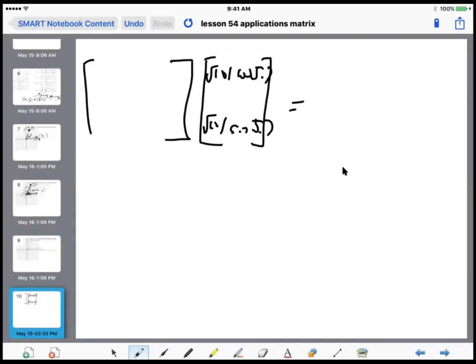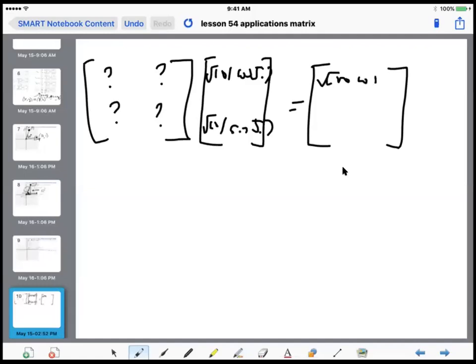There's going to be a mysterious matrix here that, after I multiply the matrices together, will give root 101 cosine of 5.7 plus theta and root 101 sine of 5.7 plus theta.